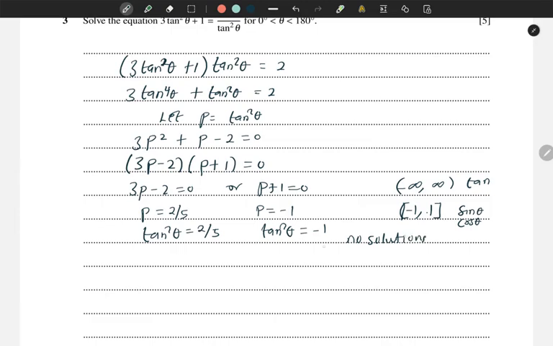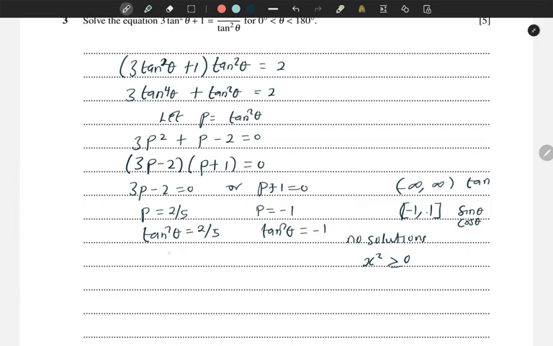There is no square of any real number that must be what? Greater than or equal to 0. Exactly. So you cannot get a negative when you square something. It can only happen when you are taking the square of an imaginary or complex number. So tan squared must be greater than or equal to 0, and for us to have minus 1 here, it means that there is no solution there.